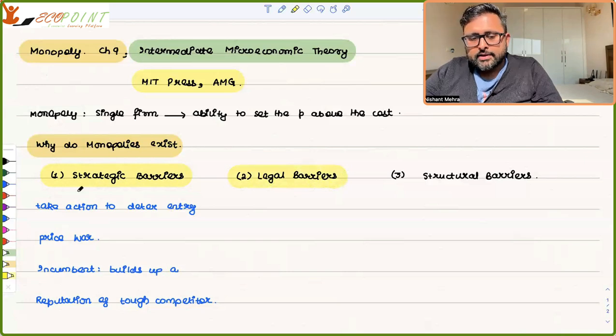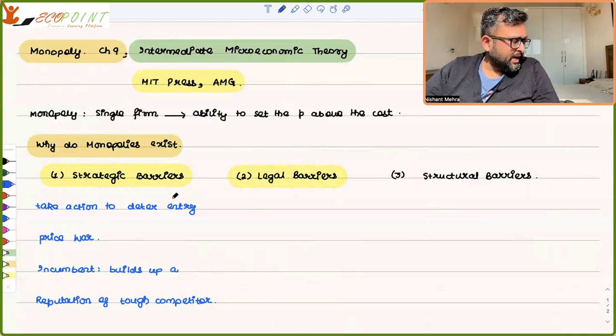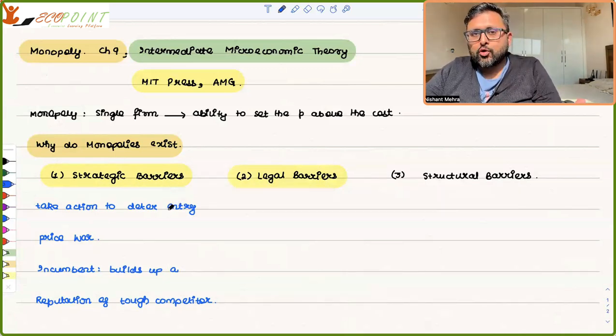Then there are other reasons why monopolists can exist. Sometimes there are government controlled monopolies, and sometimes there are laws which can protect the monopolies, for example patents, for example copyrights, right?